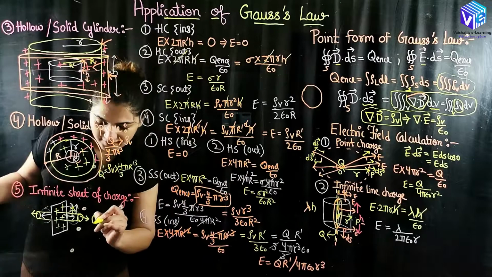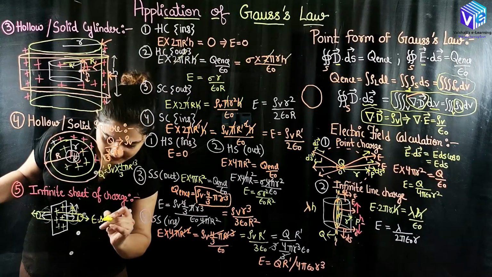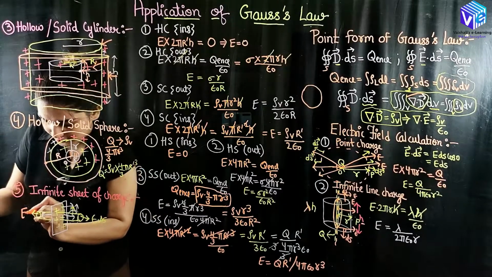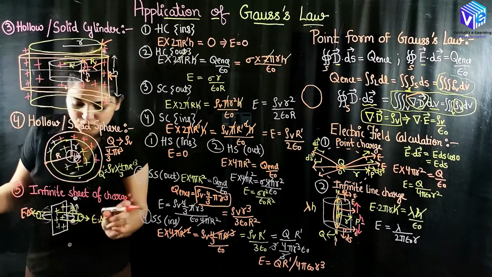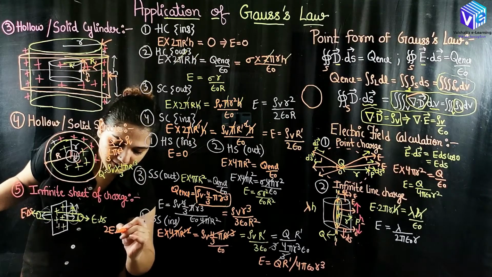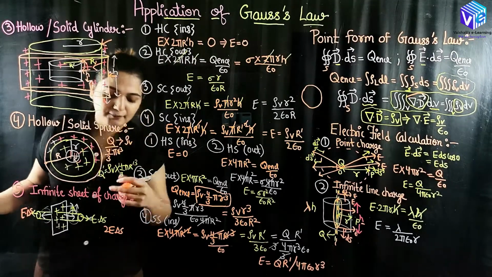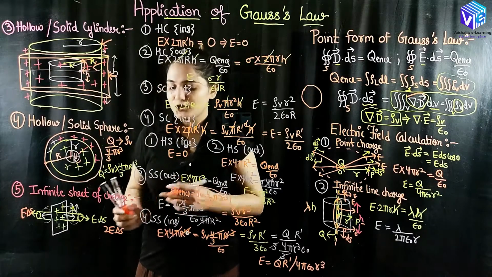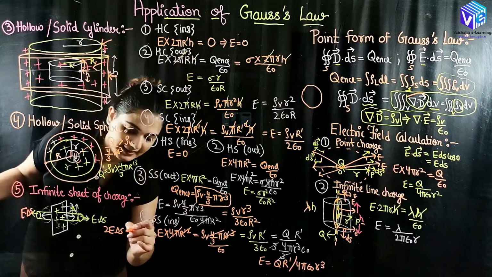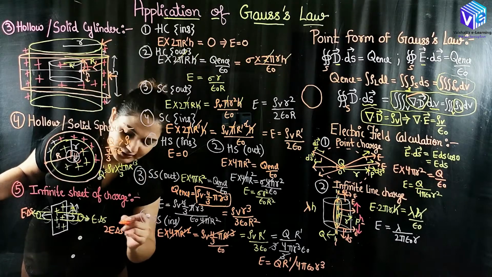So here I have E dot delta s. Here also I have E dot delta s. So E dot delta s and E dot delta s, I have 2 E dot delta s. Okay, so I have cos of 0. So cos of 0 is 1. So E dot delta s will be equal to E into delta s. It will be equal to charge enclosed.